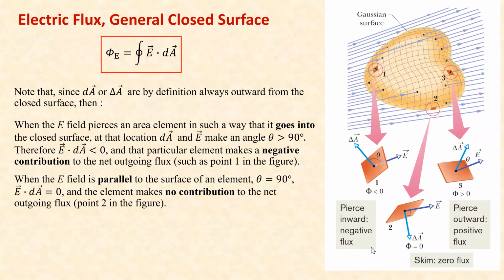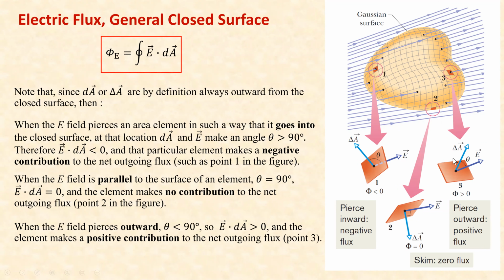E dot dA becomes 0. And when the electric field pierces outward, theta is less than 90 degrees, E dot dA is greater than 0, and the element makes a positive contribution to the net outgoing flux, like in point 3.